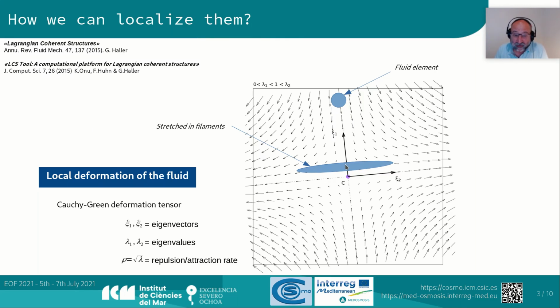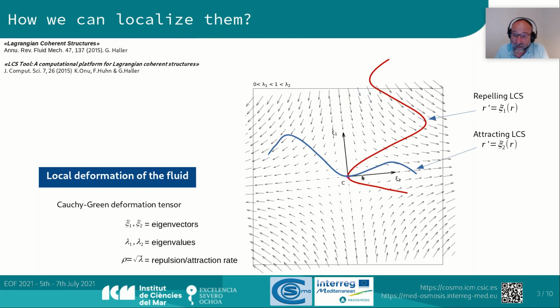Then here we can define the repulsion and attraction directions. The repulsion and attraction rates are also related with the eigenvalues. If we integrate along the first eigenvector, we will find the repelling LCS, and if we integrate along the second eigenvector, we will find the attracting LCS.